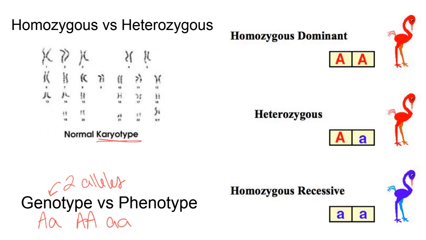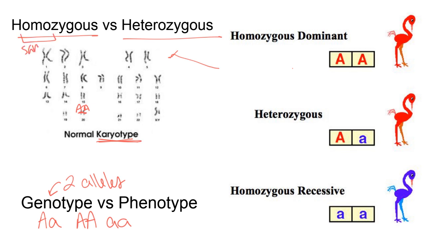Remember our karyotype up here that shows our pairs of chromosomes, our homologous chromosomes put together. So let's say we're looking at this gene, and maybe here it's big A. That's my genotype.